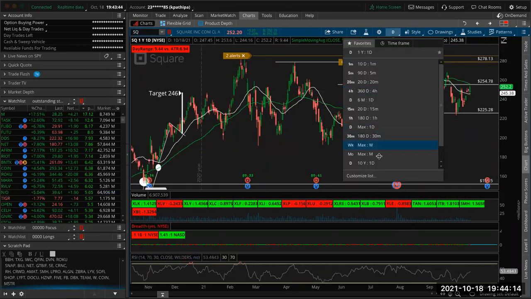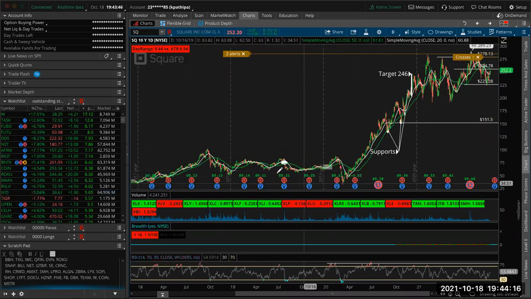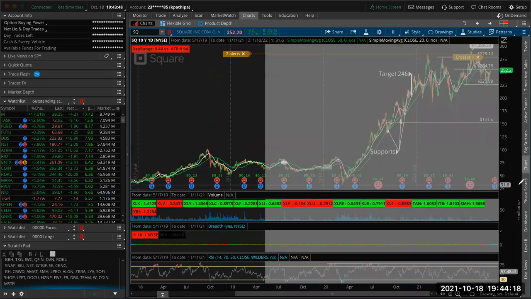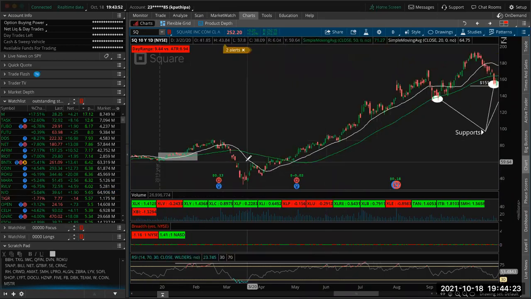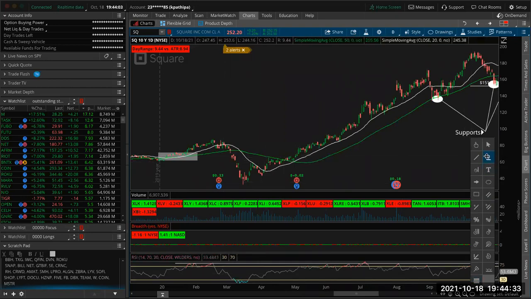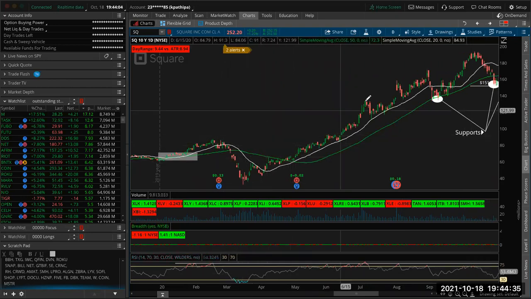But again, think about this. Square is probably one of the first ones I bought during the last year crisis. This is where I bought it, at 60. I did not buy while it was breaking out, but at this time, which is April 9th, let's say.